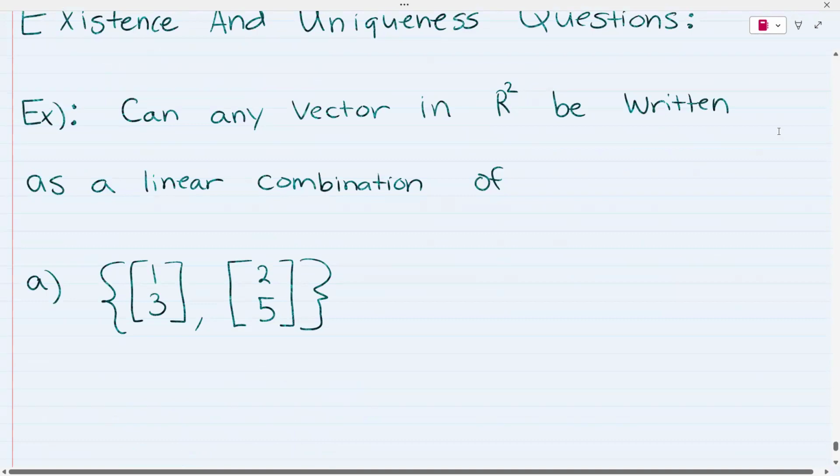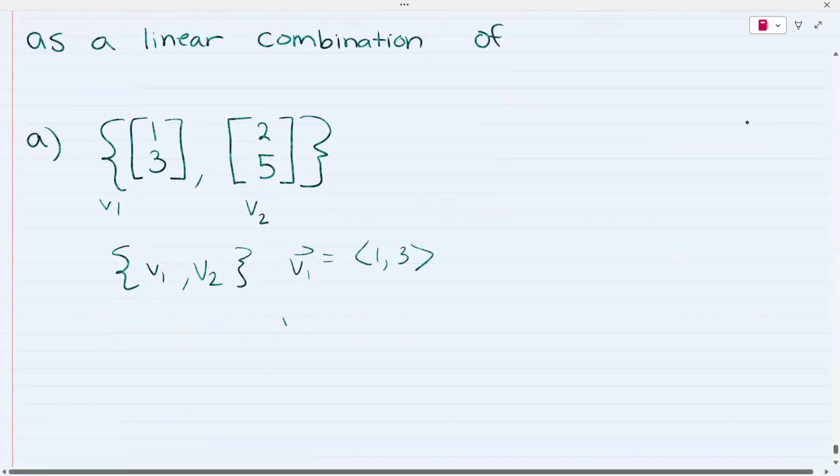What that really means is 1, 3 could be expressed as V1, and 2, 5 could be expressed as V2. So vector 1 is 1, 3, and vector 2 is 2, 5, right?